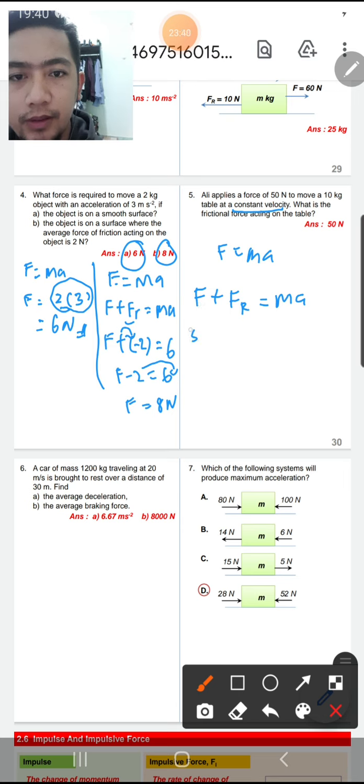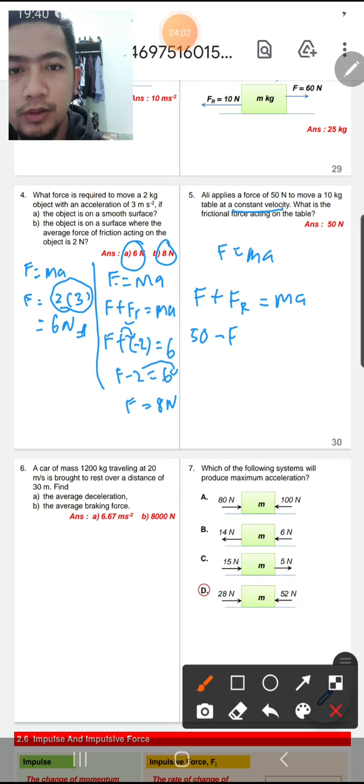F here is 50 Newton. And then plus, remember here it will become negative. We have to write negative here. Or to make sure you don't get confused, remember the frictional force must be in the opposite direction to this force. If this force is to the right, this frictional force will go left. That's why here we put negative FR so that you don't get confused.